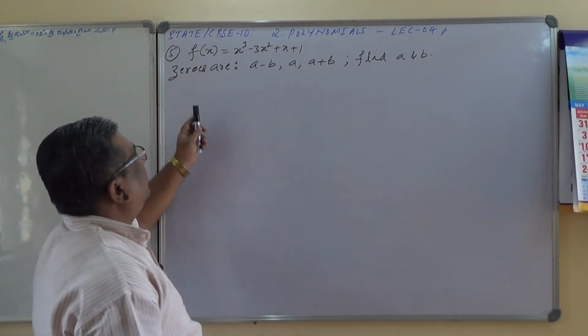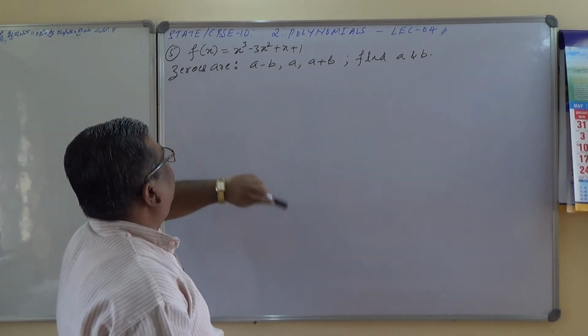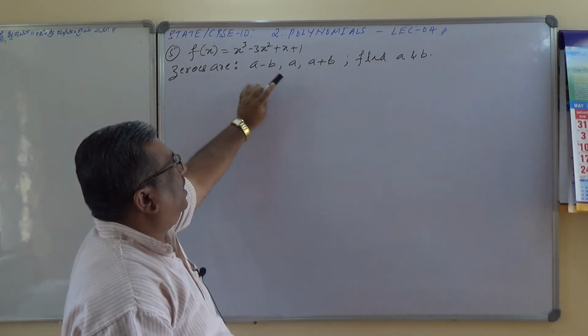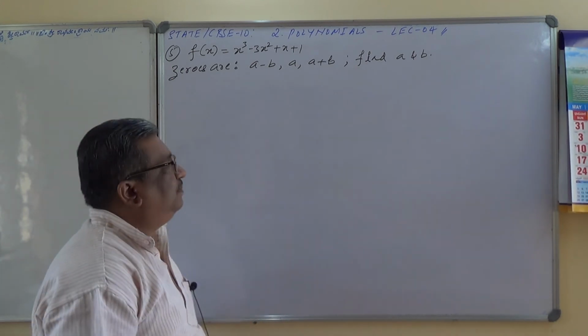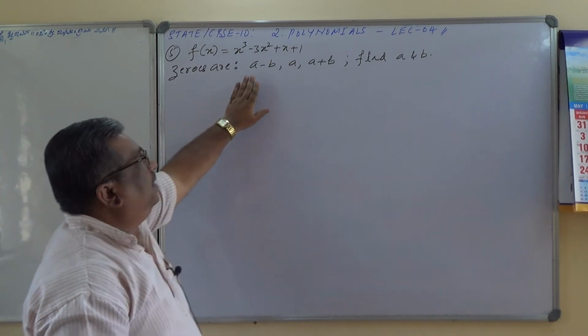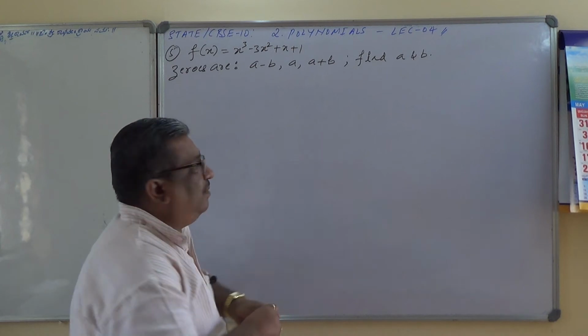Here we have one more typical sum. f of x is given as x cube minus 3x square plus x plus 1, and the zeros are given in terms of a and b. a minus b, a and a plus b are the zeros here. Find a and b. So if these are the zeros, then I can assign these as alpha, beta and gamma. Solution.